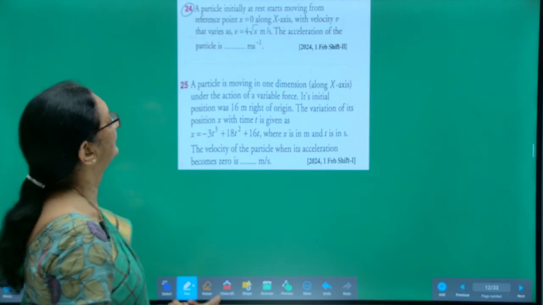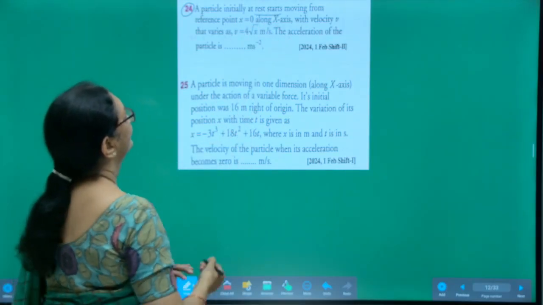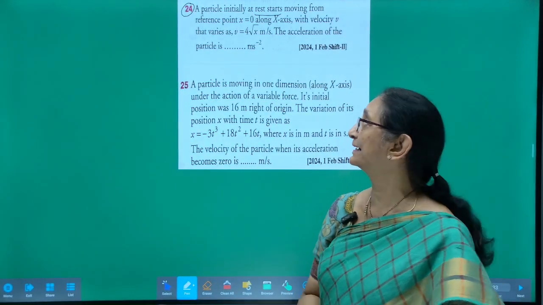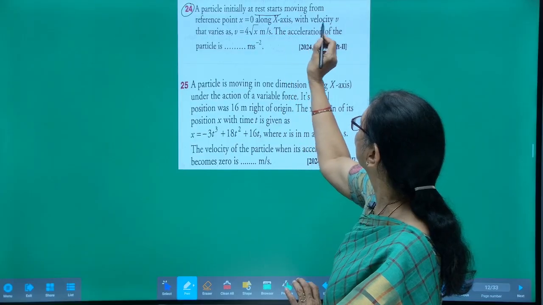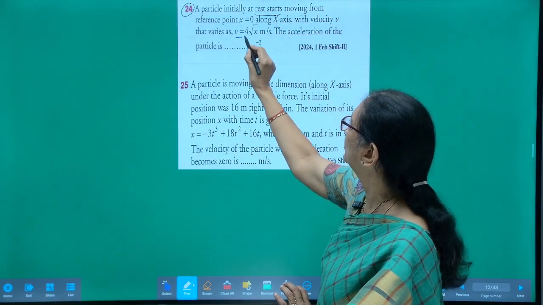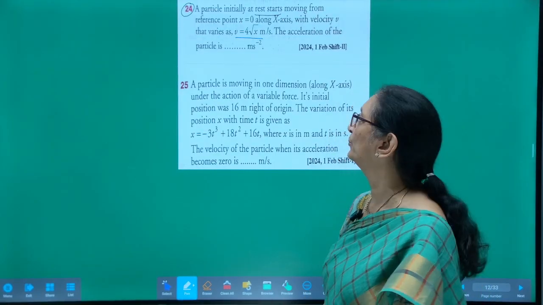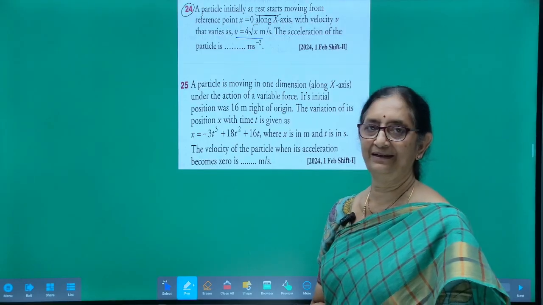A particle initially at rest starts moving from the reference point x equal to 0 along the x-axis with a velocity v that varies with distance as v is equal to 4 root x. Find the acceleration.